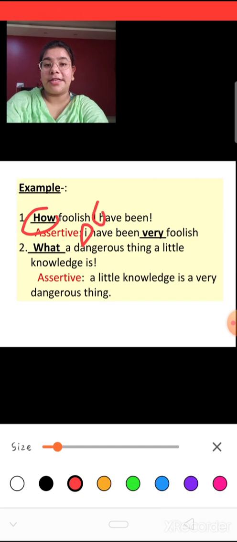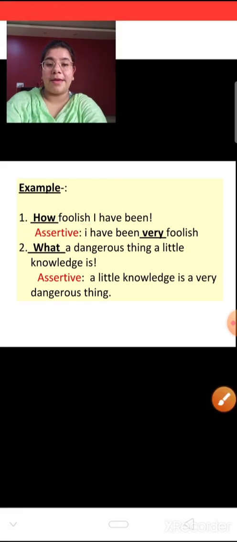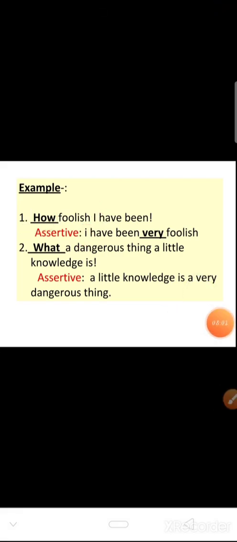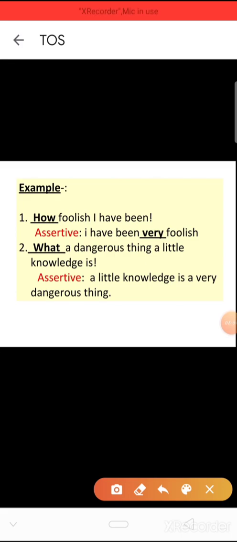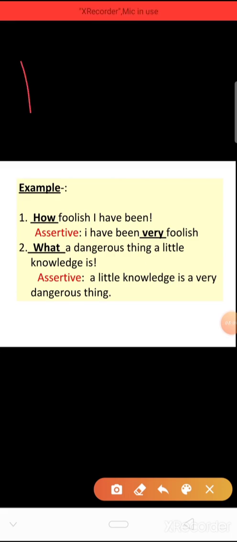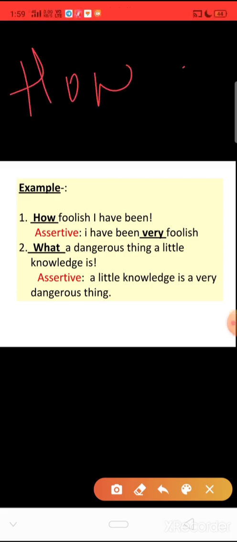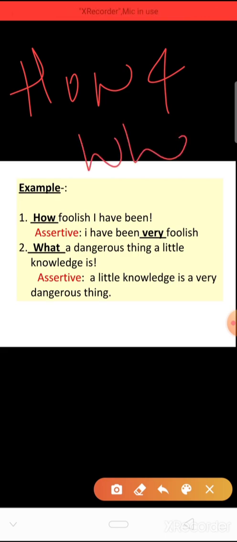You can see in the sentence, I have been foolish. Again, I'm writing for you. Rule number 1 said, instead of how and what, we have to write the subject. The example number 1 says, how foolish I have been.